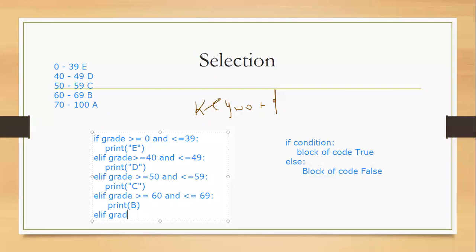Another elif, grade is greater or equal to 70 and less or equal to 100. Then this student will now get an A.